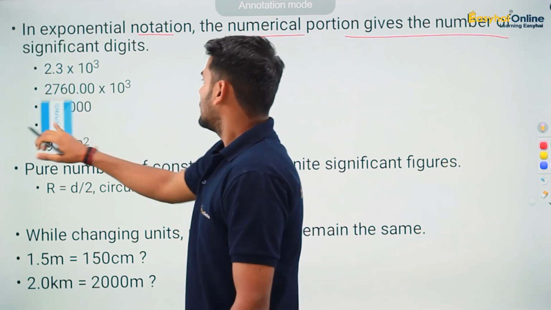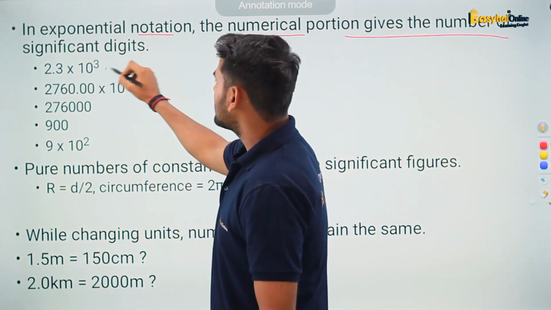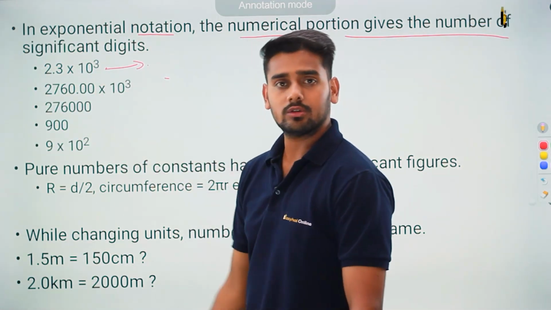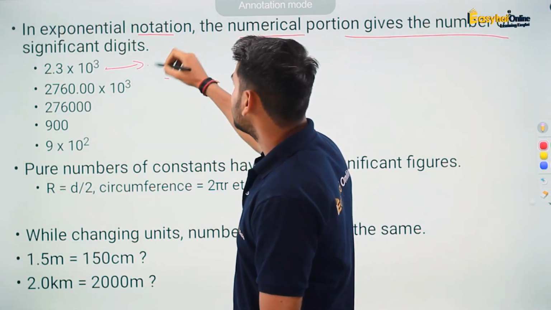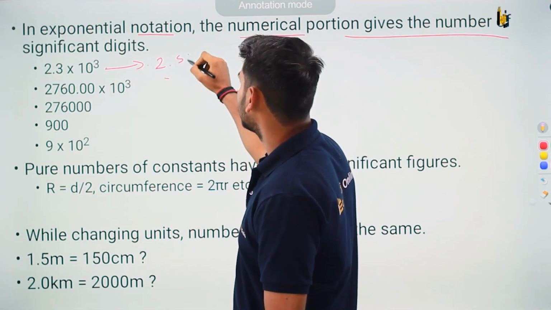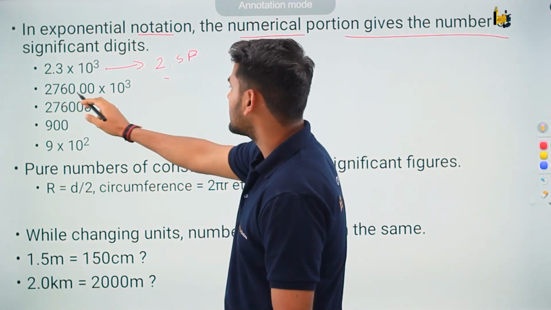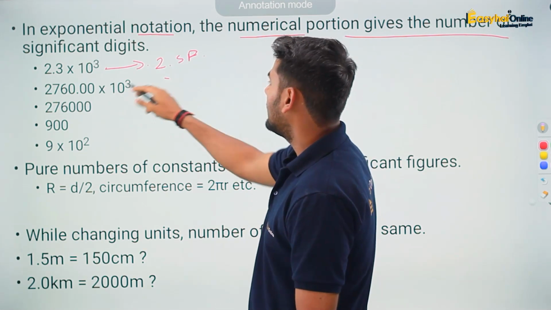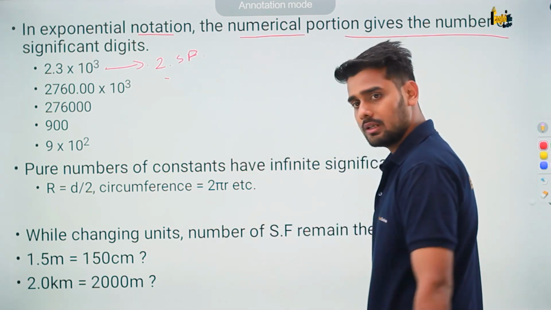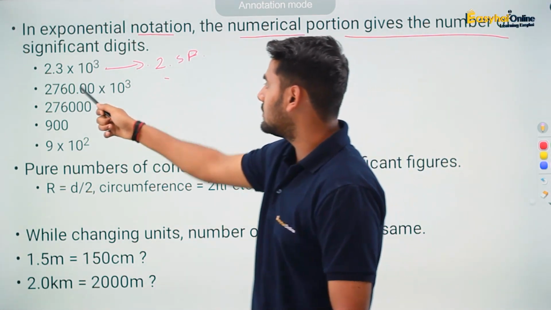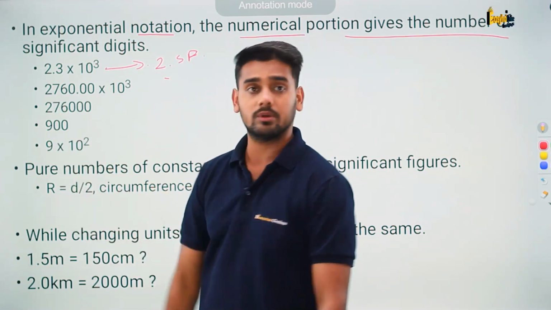Okay. So look at this. How many significant figures in the first example? Quickly do this. 2.3. That means in this case, this will be 2 significant figures. Okay. Look at this: 2760.00 times 10 raised to the power 3. Now see, once I have a decimal point here, all these zeros will be considered.